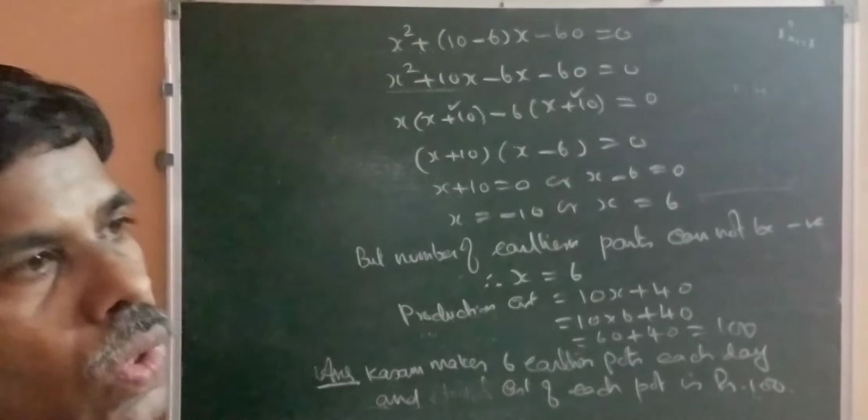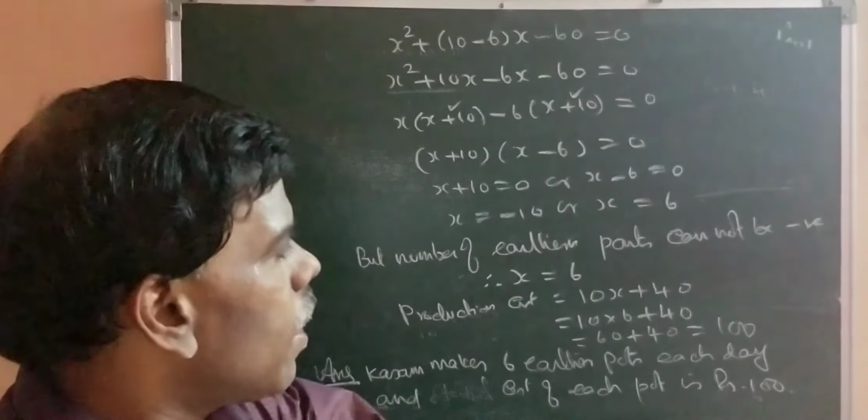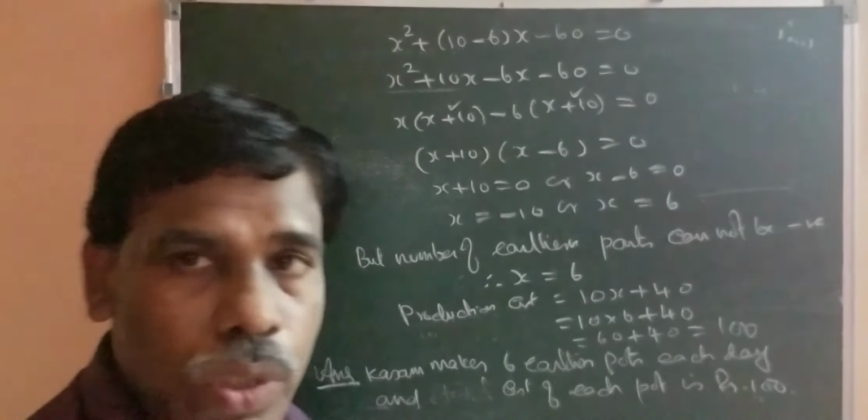That's all. So now 6 into 100, 600. That is what they gave, the total cost.